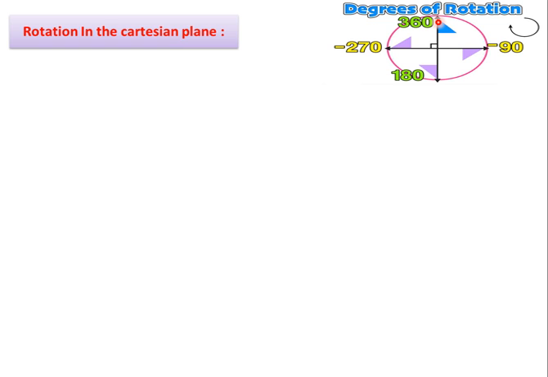If we move clockwise, at first we move 90 degrees clockwise, the rotation angle would be negative 90, then from the starting point to here is 180 or negative 180, and from the starting point to here will be negative 270.